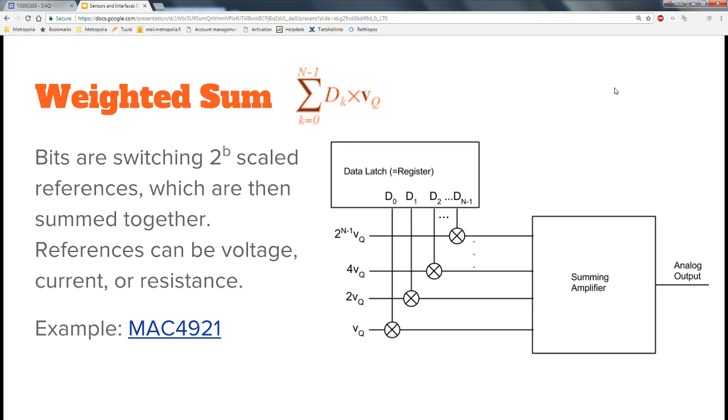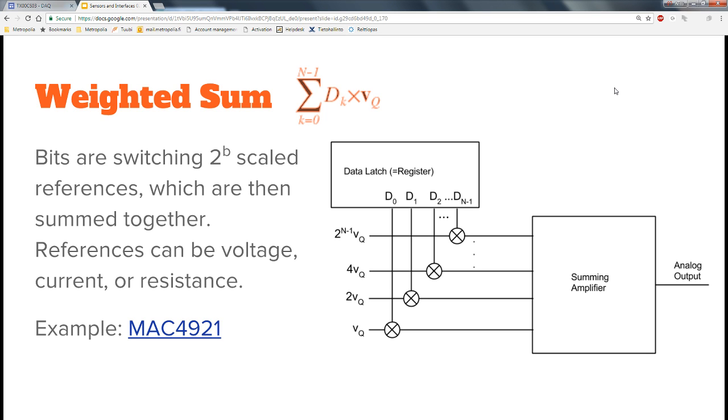There are reference levels representing the bits, the weights on each bit, and then you have multipliers and then some summing amplifiers. Ta-da! Done.